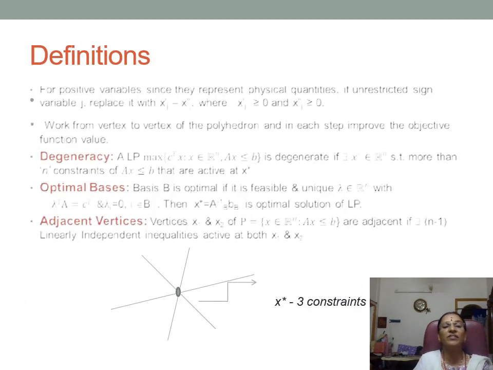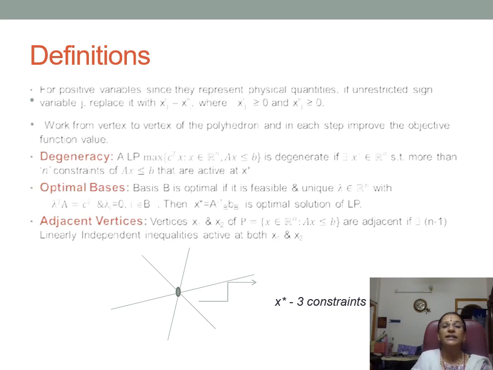The definition of degeneracy. Degeneracy is nothing but the given characteristic values being more than n constraints. For example, the given equation has n equations, m unknowns.